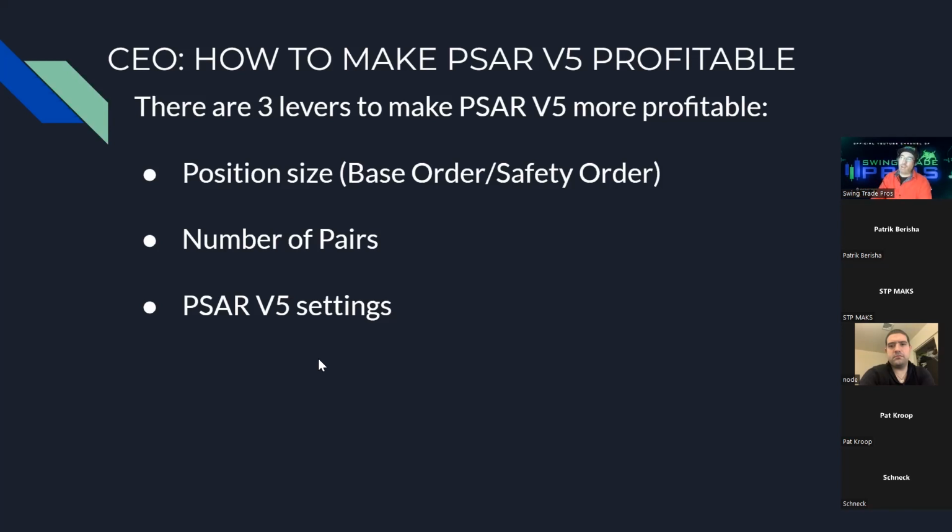Okay, and also on this note, and we're going to talk more about this, is when you start to see good results from a certain pair. I remember during the last bull run, ADA just never let me down. It had the best settings on SAR version 4, and it would always do super well. And so I leaned into that more than I normally would have. That's what that 5% base order safety order comes in, right?